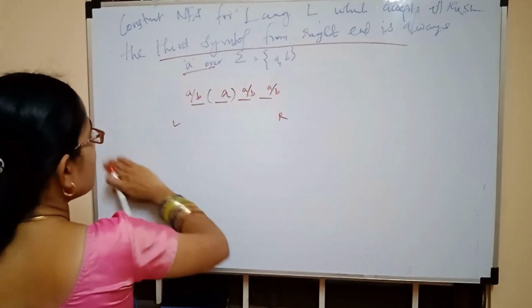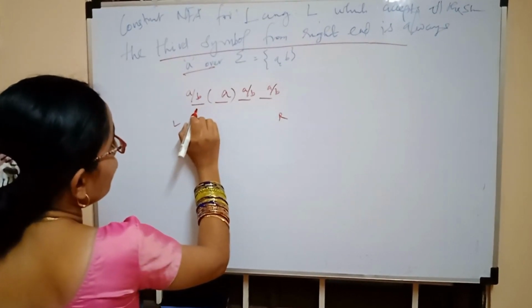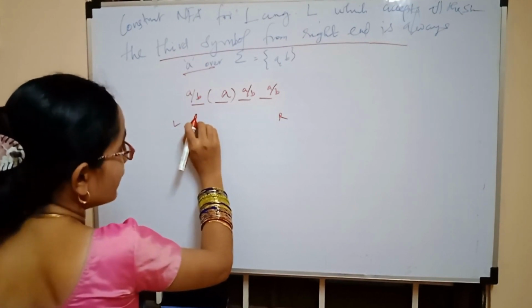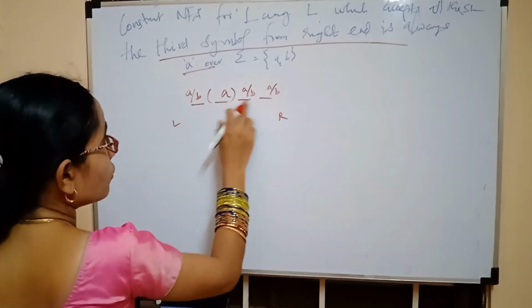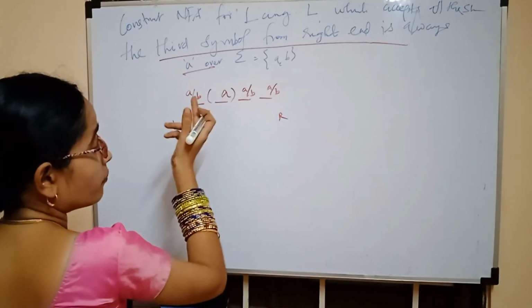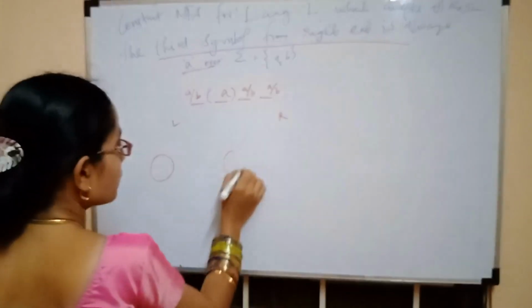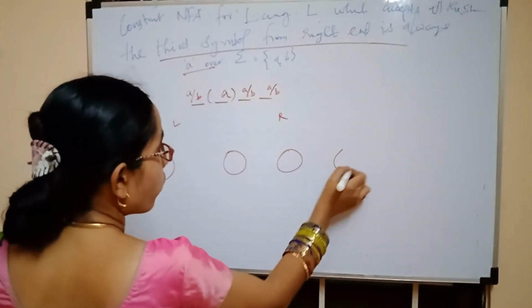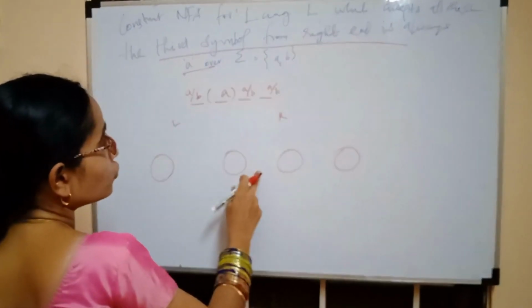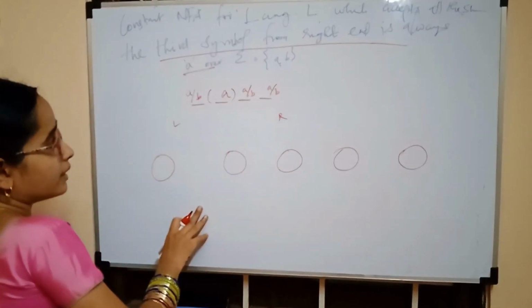When you see this, you will come to know how many states there will be. Four symbols form a particular string. Just make 1, 2, 3, 4.